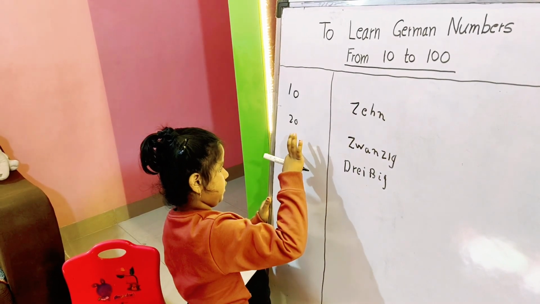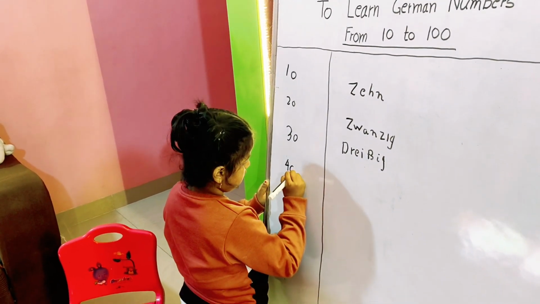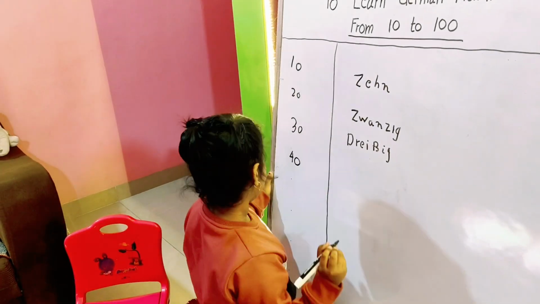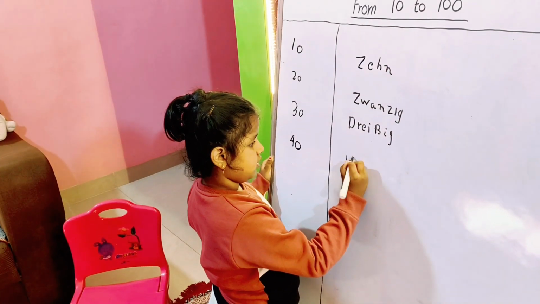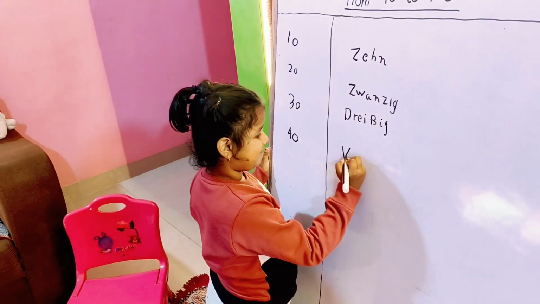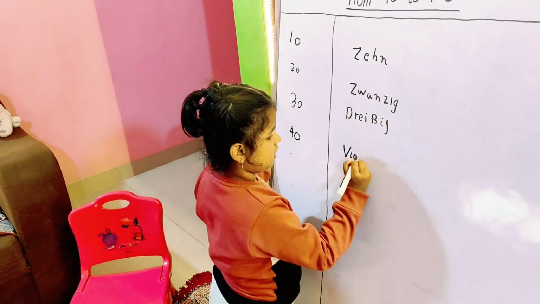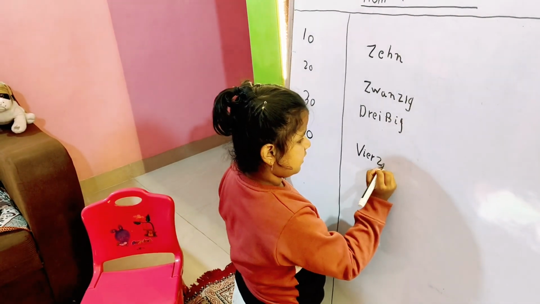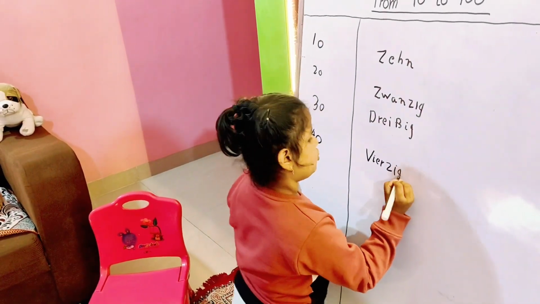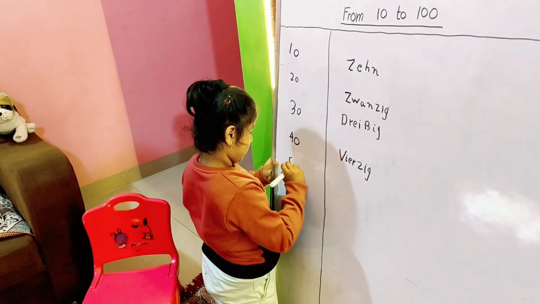Vierzig. V-I-E-R, vierzig, Z-I-G. Vierzig.